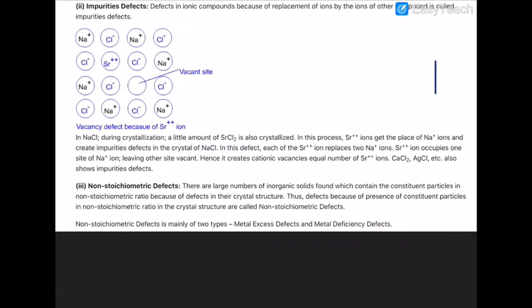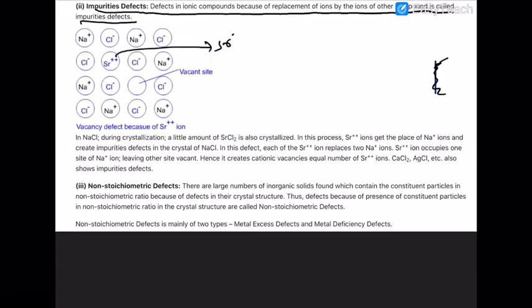So what can we say now? We can say that impurity defect in an ionic compound because of replacement of ions by the other compound is called impurity defect. If it's strontium, Sr2+ will come in one of these places.